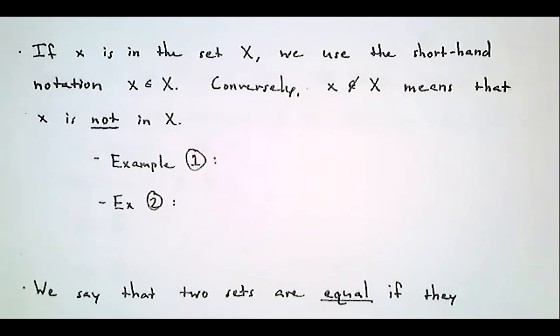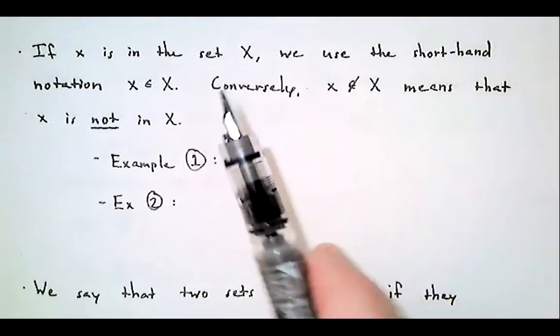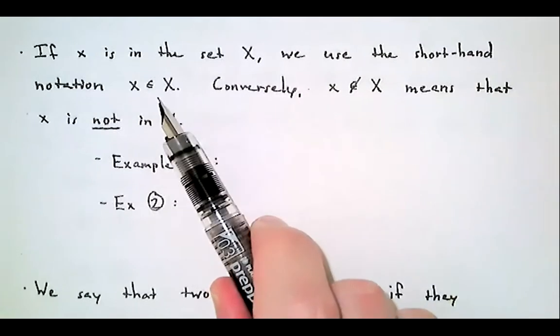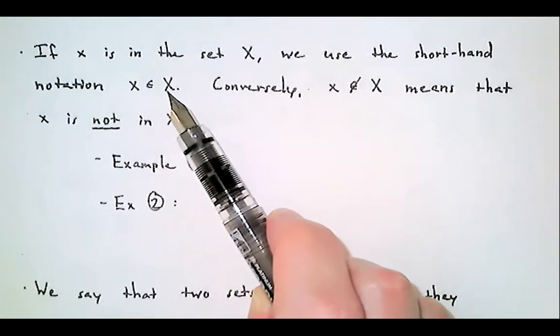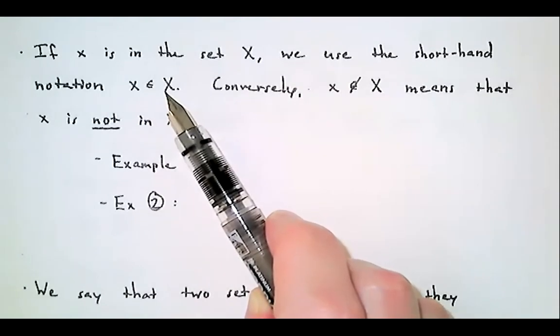So in this first section, we're going to learn lots of new terminology and symbols, and that continues on this next page. So the next thing I need to talk about is the shorthand notation for saying that an element is in a set.